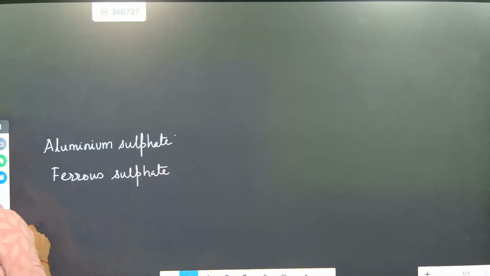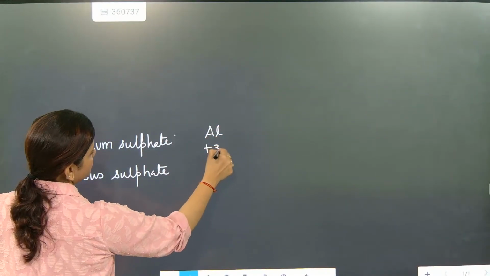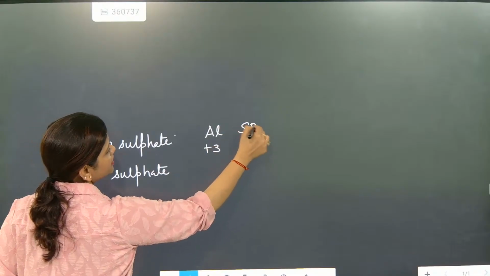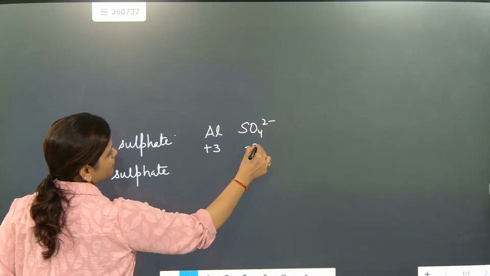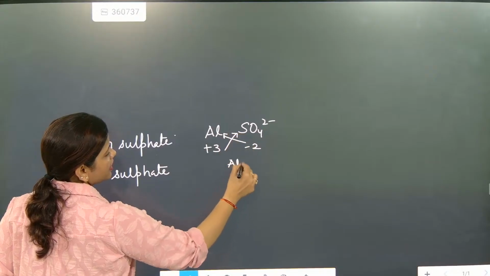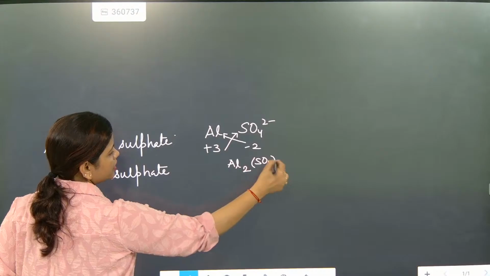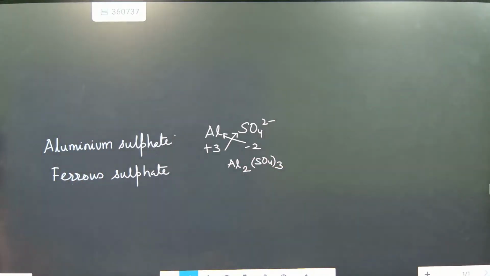First we are going to check aluminium valency. It is 3 plus. And sulfate valency is 2 minus. Cross do. So it will become Al2(SO4)3. This is called aluminium sulfate.